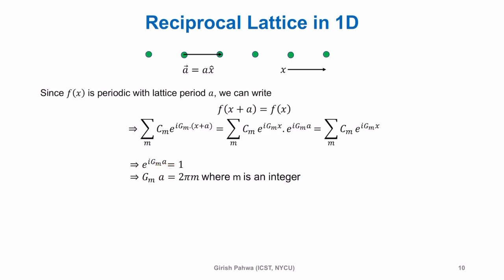So okay, let me put some values here of Gm times a. This is going to be some number. What can this quantity be so that it gives me 1? E to the power iota, if this is 0, it's going to be 1, right? What else? E to the power iota of 2 pi.